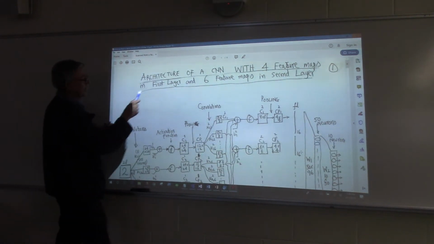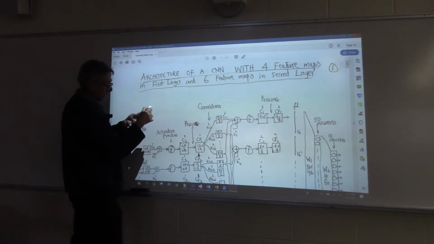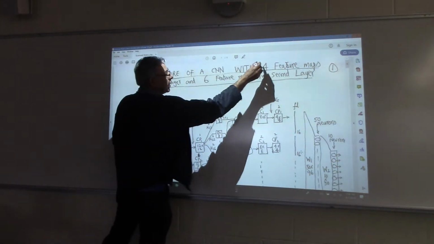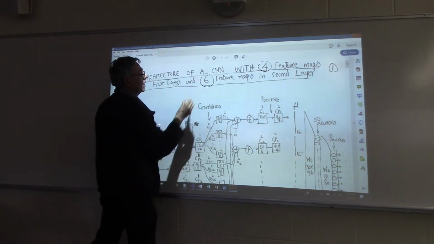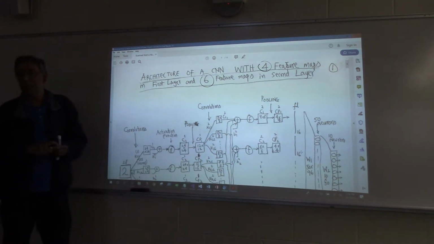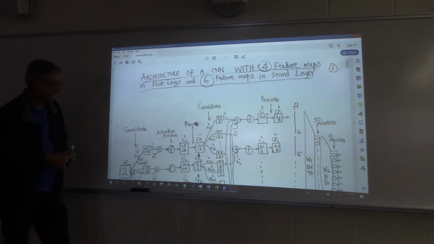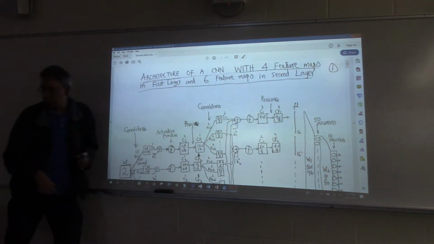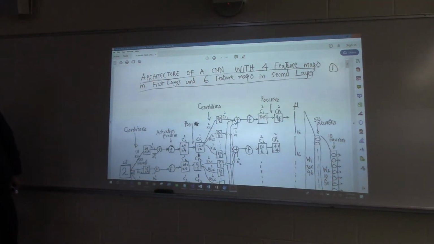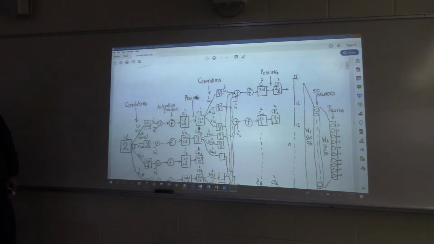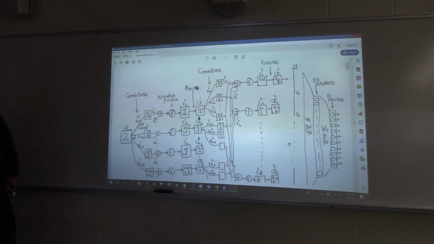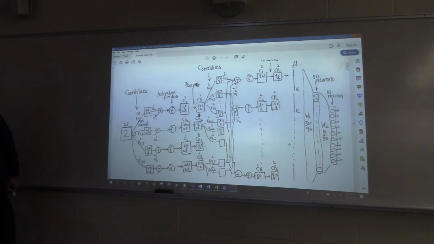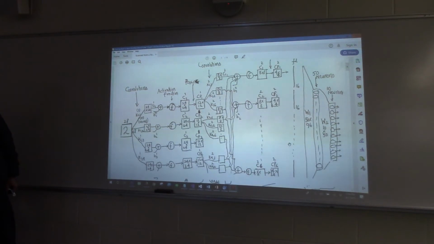Basically, what we have here is 4 feature maps in the first layer, 6 in the next layer. We could put 8 in the first layer, 20 in the next layer, it doesn't matter. I thought that would be a small, meaningful example. So let me put the whole architecture there, so hopefully we can see.